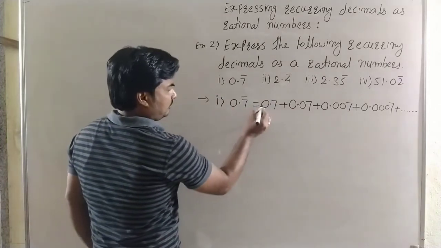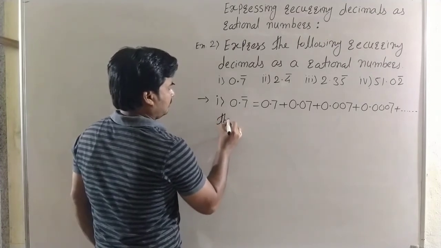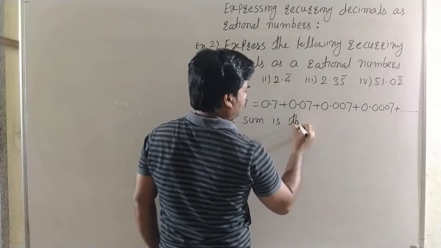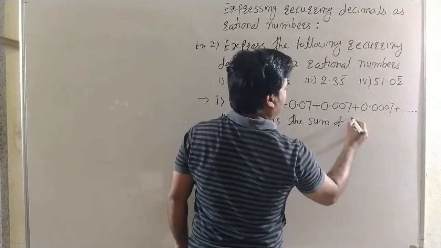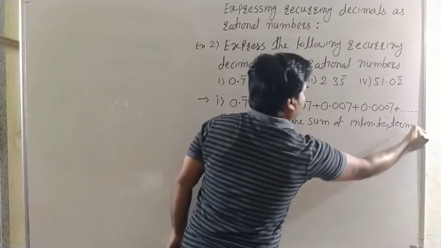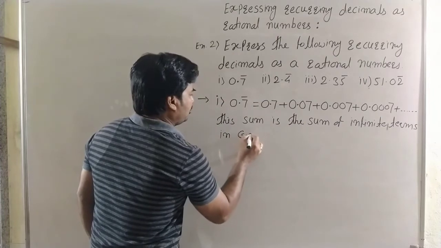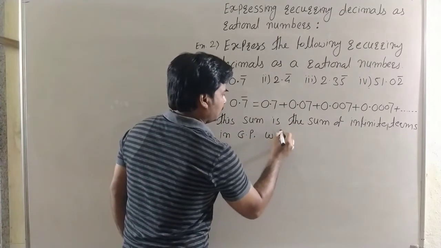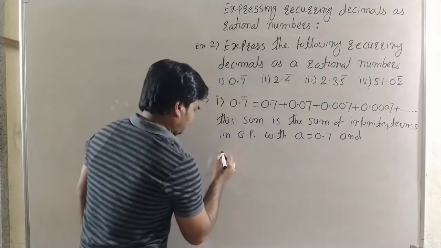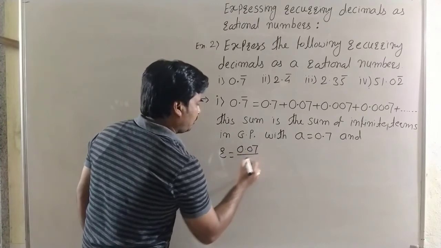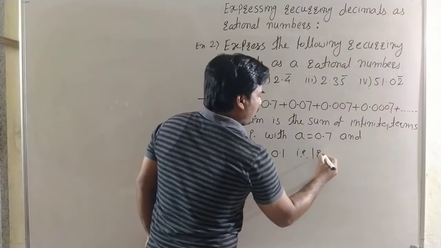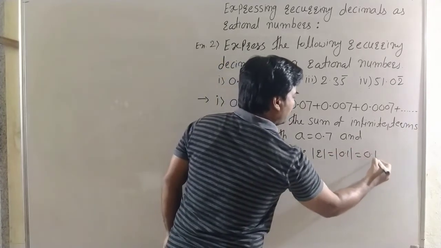Now see carefully here. This sum is the sum of infinite terms in geometric progression with a equal to 0.7 and r equal to 0.07 upon 0.7, and again the calculation is 0.1, that is mod r, mod of 0.1 is 0.1, which is less than 1.